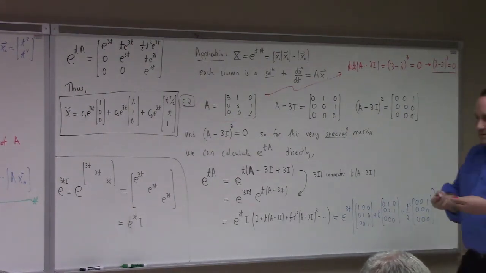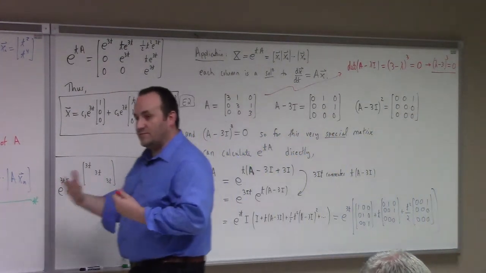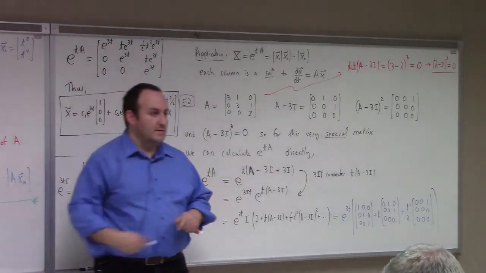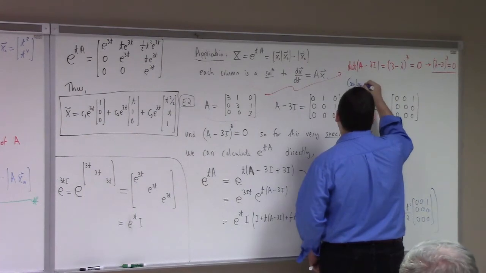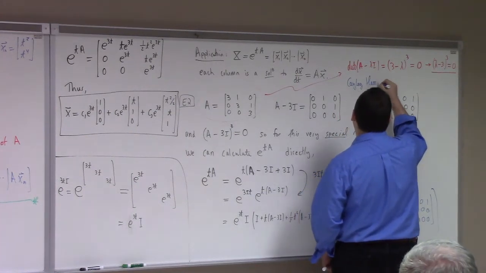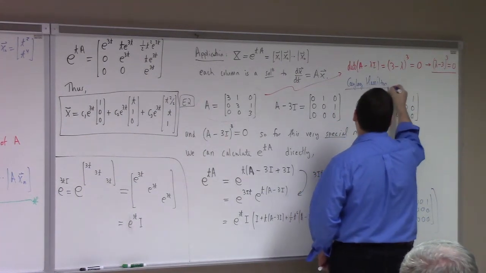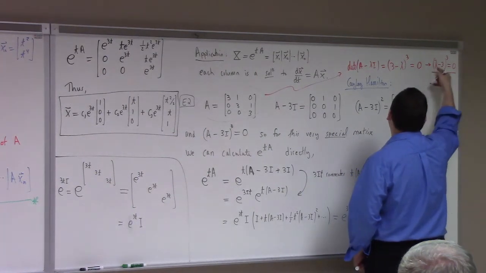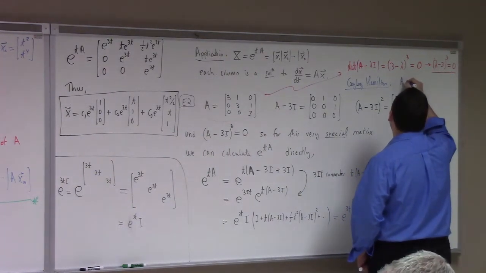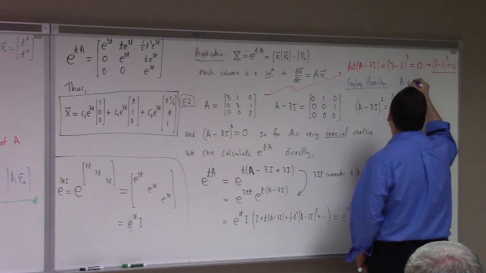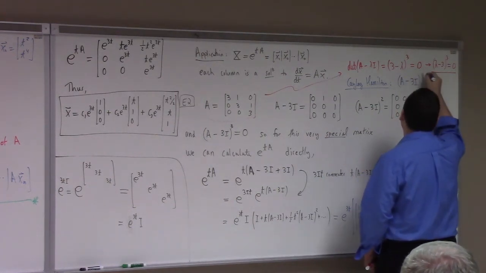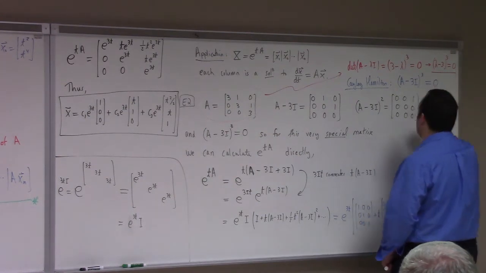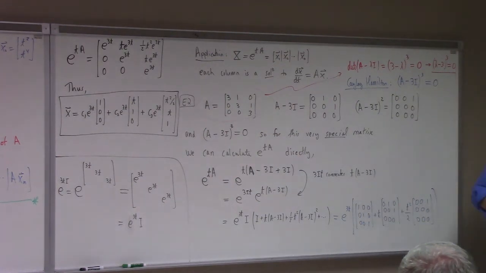What the Cayley-Hamilton theorem says is that a matrix will solve its characteristic equation. It says the following: if I plug in lambda equals A, and I change the 3 to the corresponding matrix 3I, then that cubed has to be equal to 0. This is what the Cayley-Hamilton theorem says.